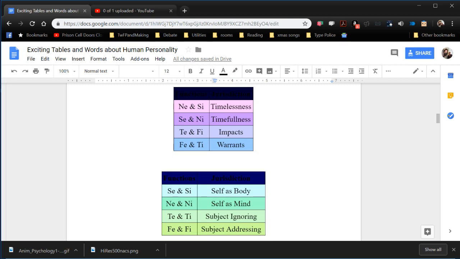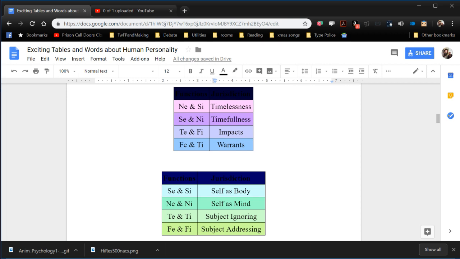Function jurisdiction. NE and SI, timelessness. SE and NI, timefulness. TE and FI, impacts. FE and TI, warrants. So this is basically saying NE and SI like to work in a situation where the past is defined, but the future is either understood by the defined past but unclear, and or potentiated by NE.